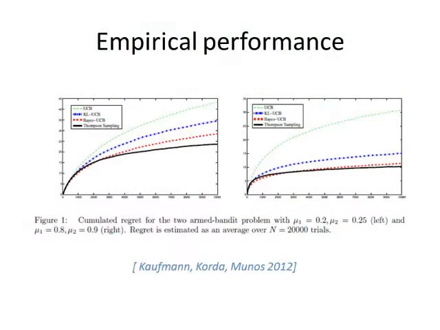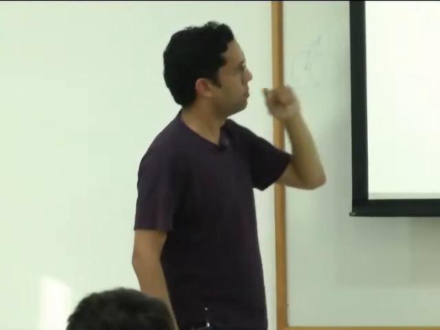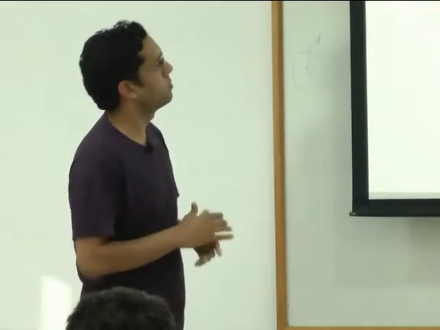Before I do that, okay, let me show you a graph from Kaufmann et al. comparing the performance of Thompson sampling with UCB algorithms. So here the x-axis is the time, y-axis is the regret, and in each case the number of arms is 2 with different values of mu.